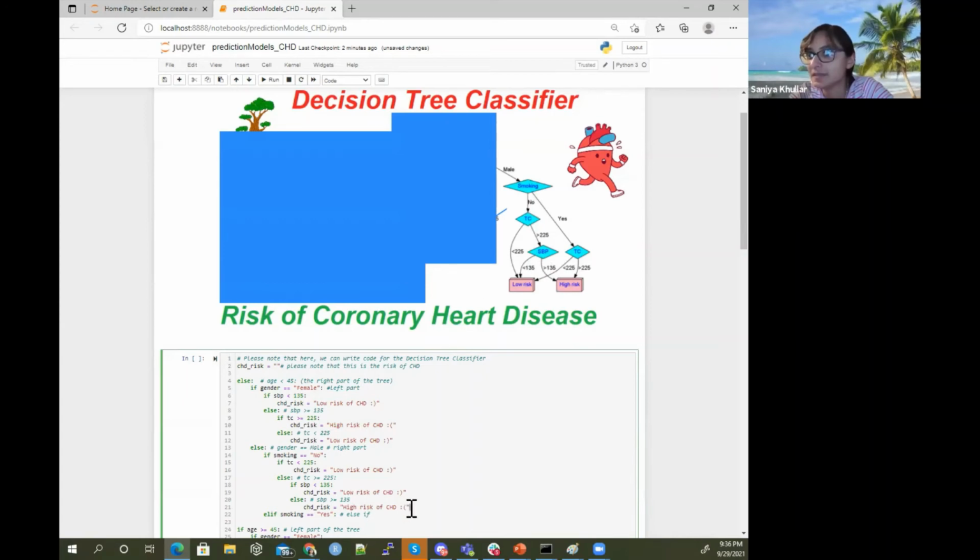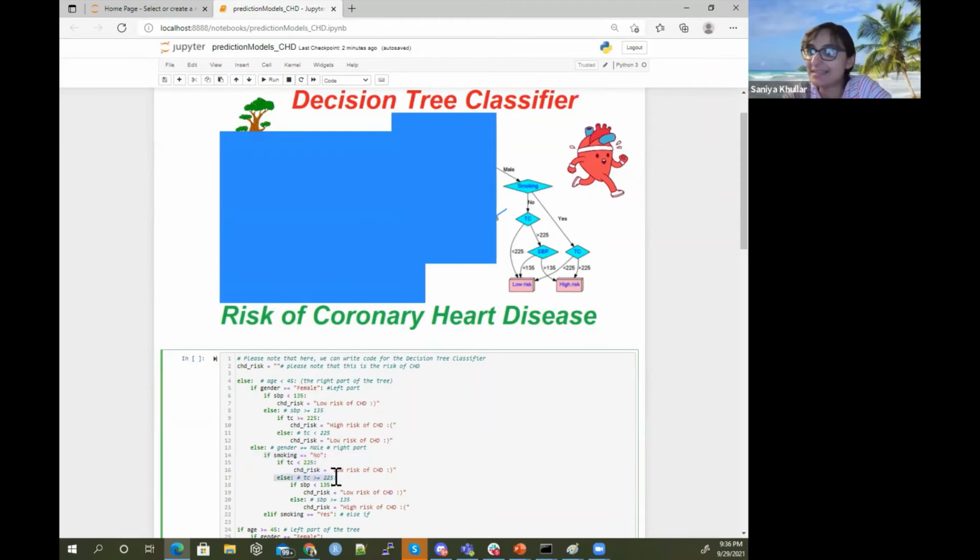So again, what this is saying is that you're male, if smoking is no, then if your total cholesterol is less than 225, you have a low risk of CHD. So it's like a nested if statement, an if inside an if, like Inception almost.